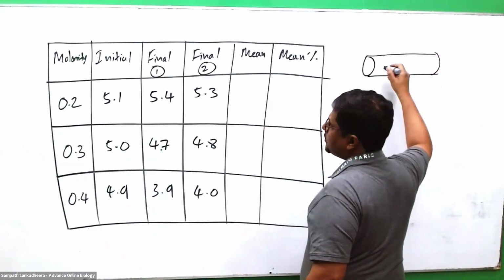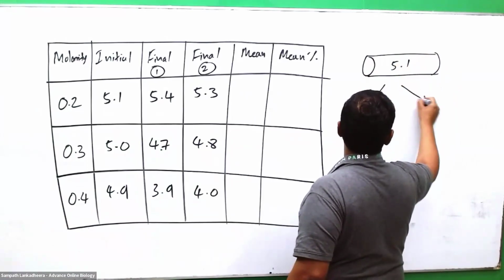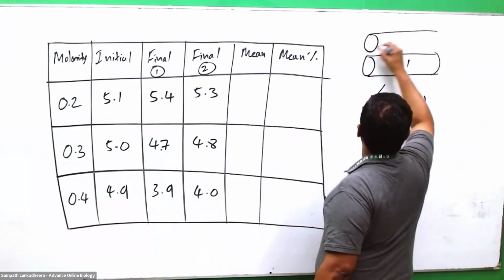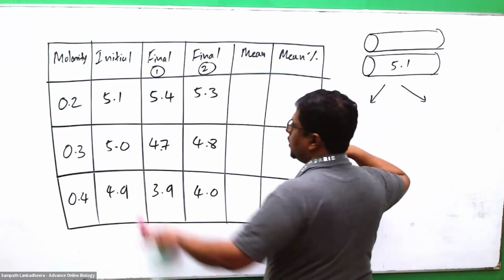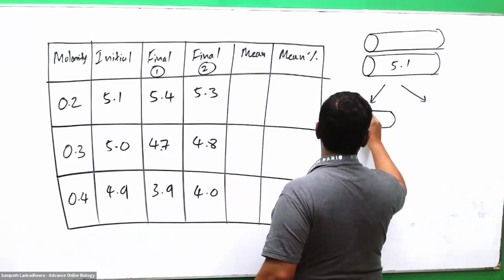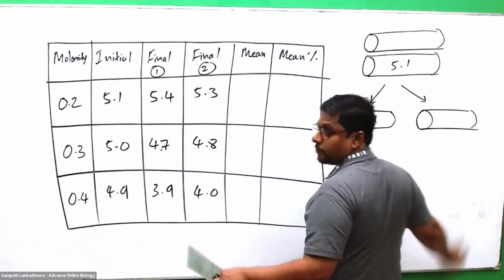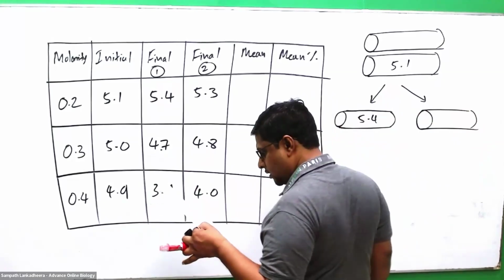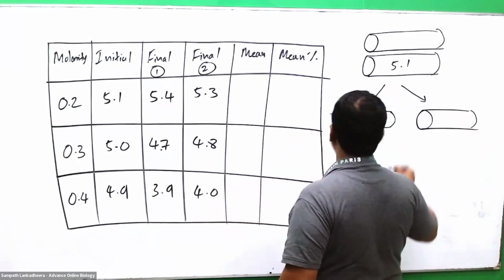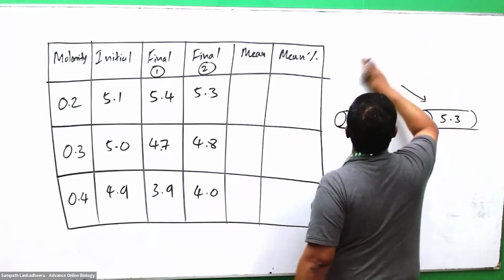Two potato strips at 5.1; one becomes 5.4 and the other becomes 5.3.